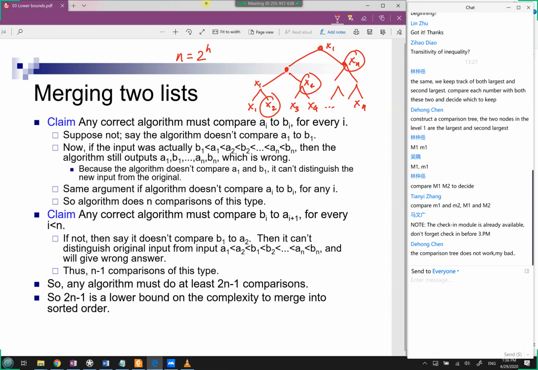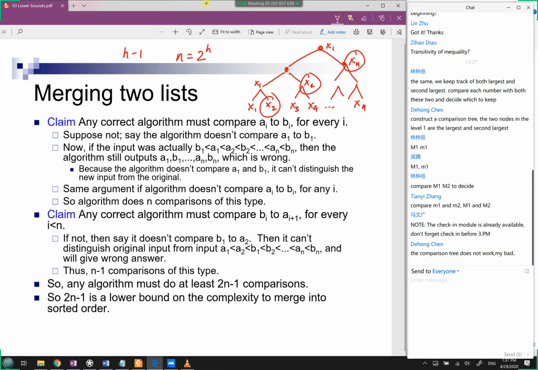So what you do is you take all of these values and look for the maximum among x2, x4, all the way up to xn, whatever these values are. Since we have n values overall, and this is a complete binary tree, it's going to have height h. So there are h of these values, and you need to find the maximum one of them. That's going to take you h minus 1 comparisons to find the second max.